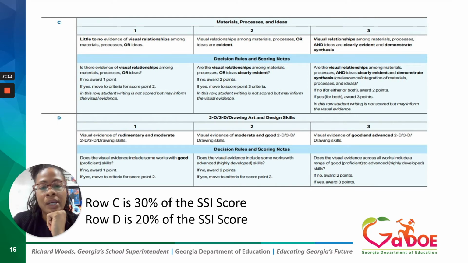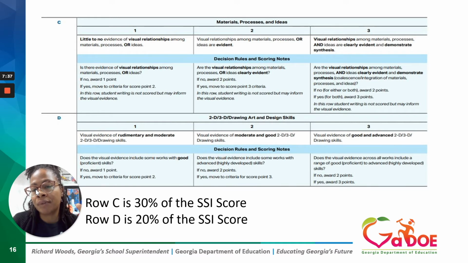So 20% of the score is visual, but it specifically relates to their skill. So I do emphasize that to students, especially students that are not feeling as confident, especially when we're going through some of the exemplar portfolios, that 20% of the overall score for the SSI is the skill.